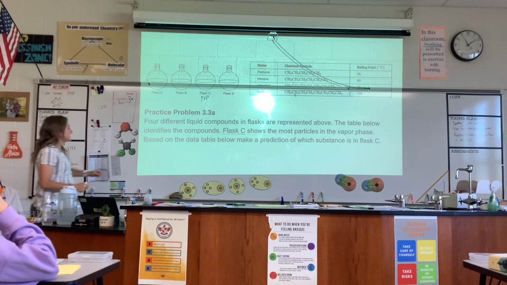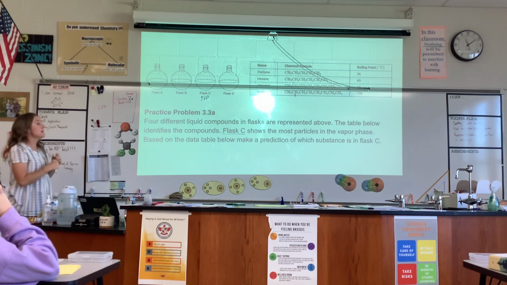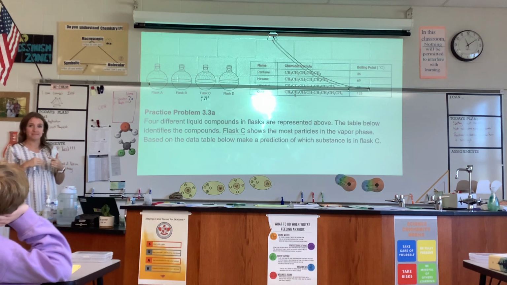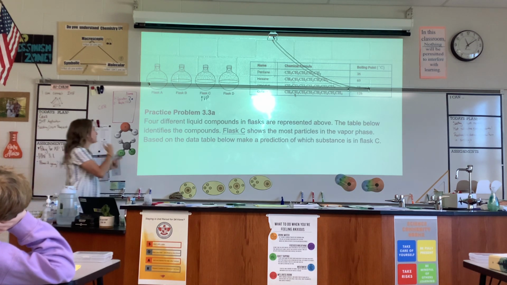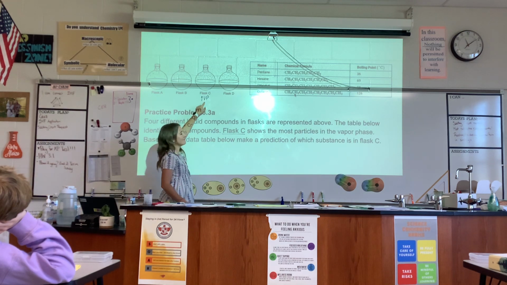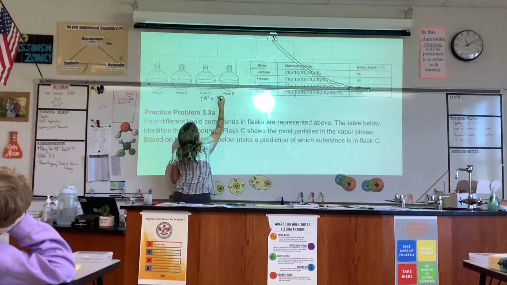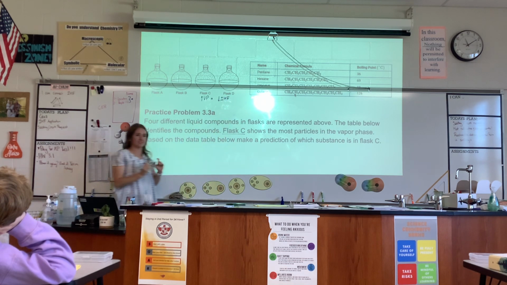The question then says, based on the data table above, make a prediction of which substance is in flask C. So I need to connect the pictures to the table. So my brain says, okay, if something has a high vapor pressure, that means it must have low IMFs.